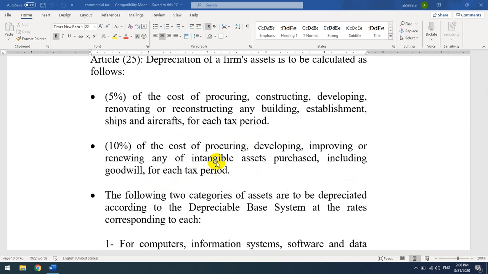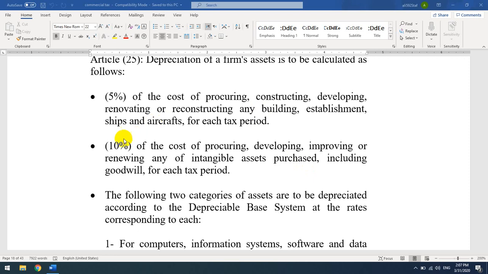Intangible assets purchased, including goodwill, patents, copyrights, trademarks, trade name, license, franchises, etc. All the intangible assets have to be depreciated using the straight line depreciation method at a 10% depreciation rate, which means that any purchased intangible asset has its cost allocated among 10 years.